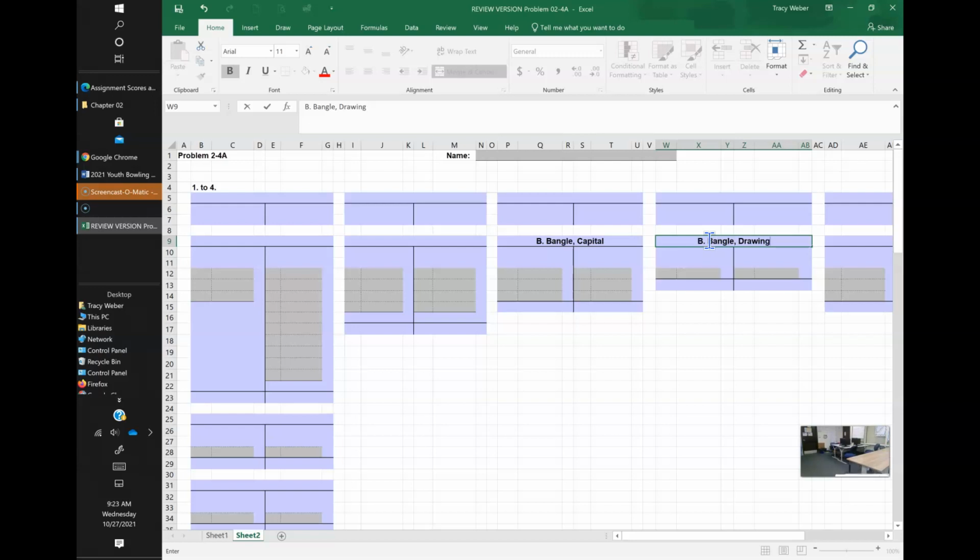Okay, so we got that one done. Correctly place the plus and minus signs for each T account and label the debit and credit sides of the accounts. So we all know how to do that, right? This is assets. And this is liabilities. This is owner's equity / capital.